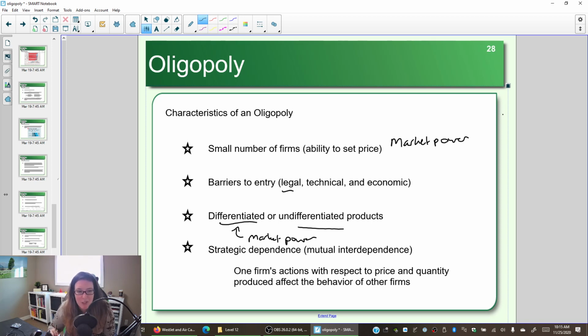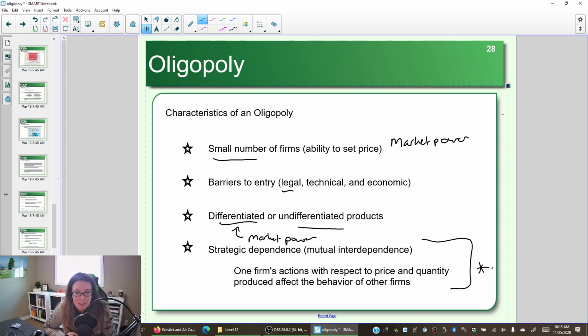Whereas with an undifferentiated product, if we can't tell who made it, then we're simply going to buy based on price. So undifferentiated product markets that are oligopolies will have lower prices than differentiated oligopolies. They'll still all have higher prices than perfectly competitive markets based on the number of companies, but that differentiation also impacts the market power.